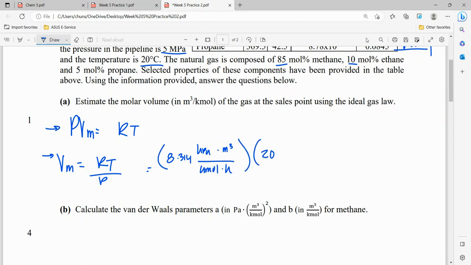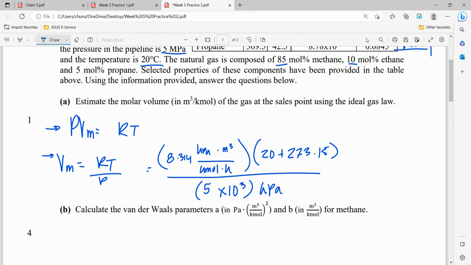And we need our 20 degrees Celsius in Kelvin, so we're going to add 273.15. And this is over 5 times 10 to the 3 kilopascals. Right, because if you had your kilopascals, which is 1,000, and then multiply it by 1,000, that gets you to 6 zeros, which is our megapascals.